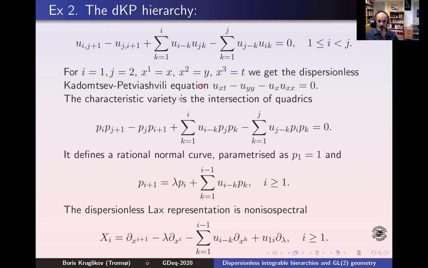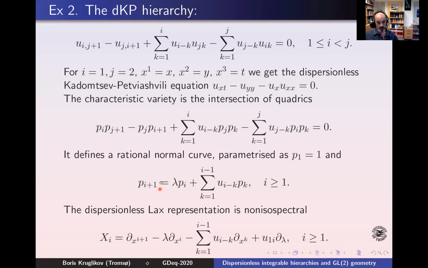Okay, so we again do the same trick. We take the characteristic variety for this system. Here it is. We see it's a family of quadrics. Again, it defines a rational normal curve, and it's parameterized as follows. We can put the first coordinate 1, because it's a projective variety as we see it.